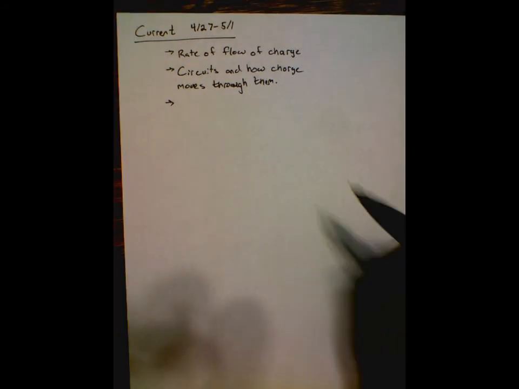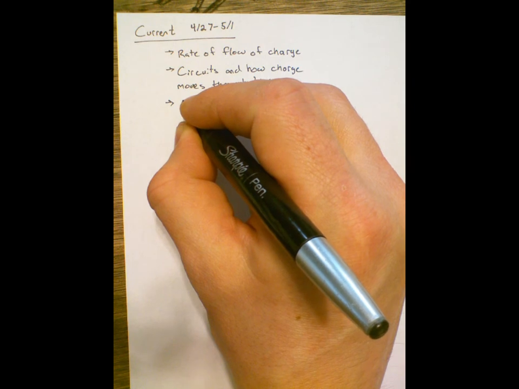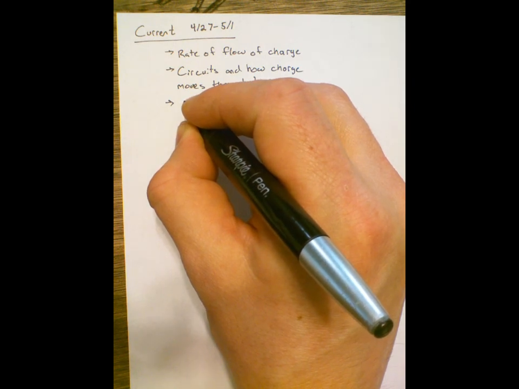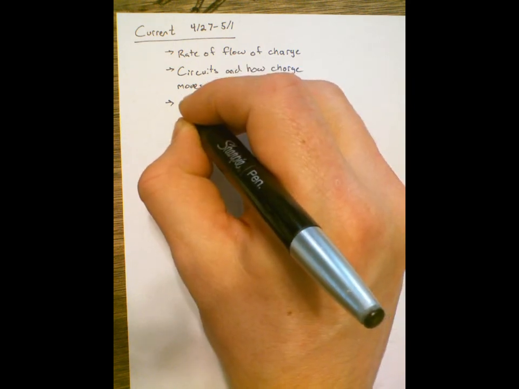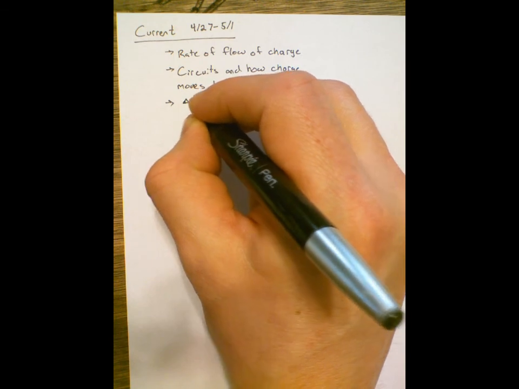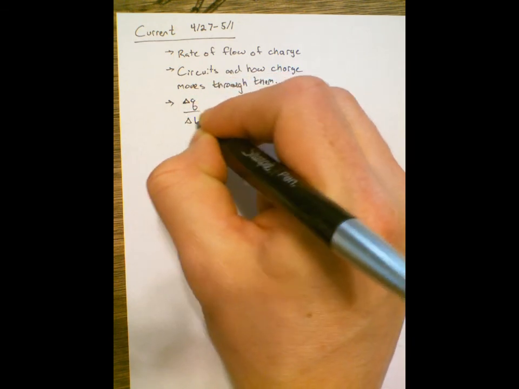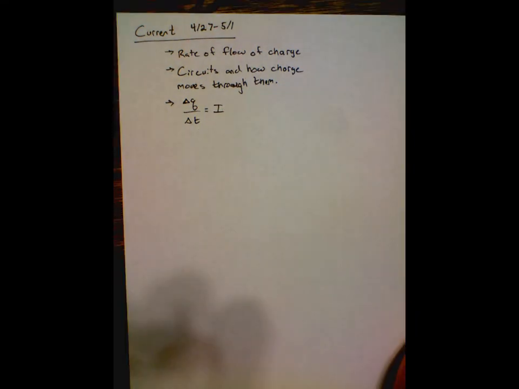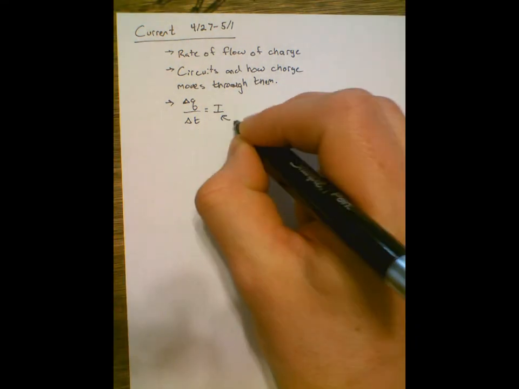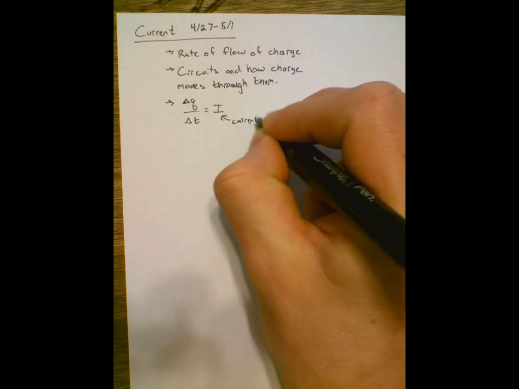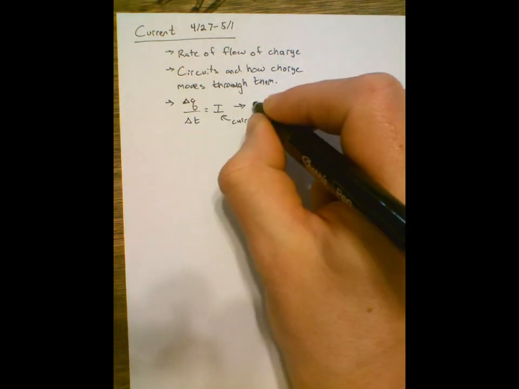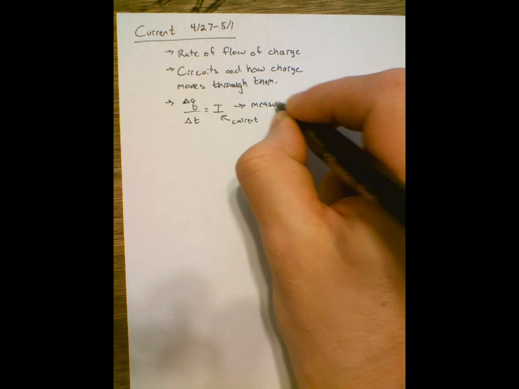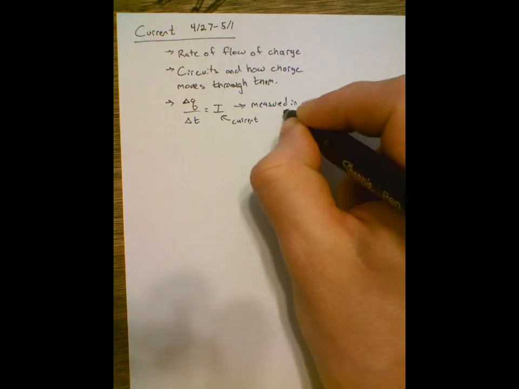So, really simply, current is defined as this idea of the rate at which charge flows with time. Now, annoyingly enough, the symbol for current is I. Why? I don't know. What do we measure current in? Amperes.